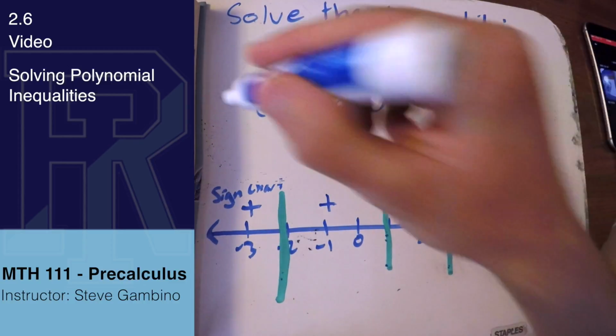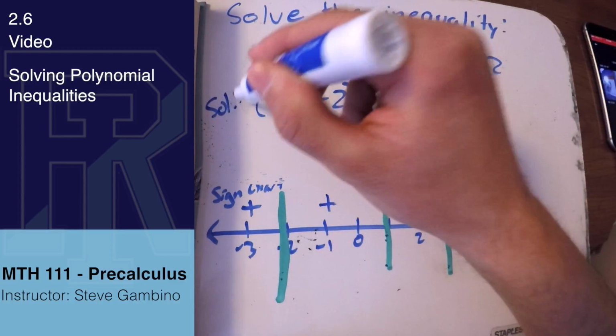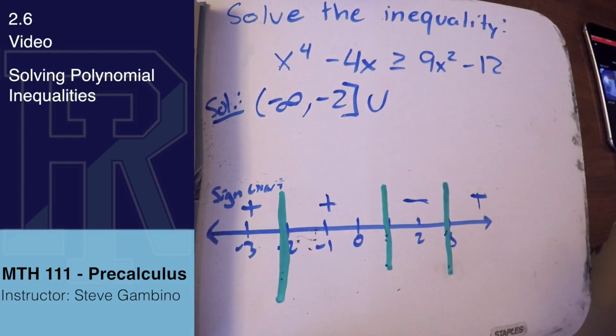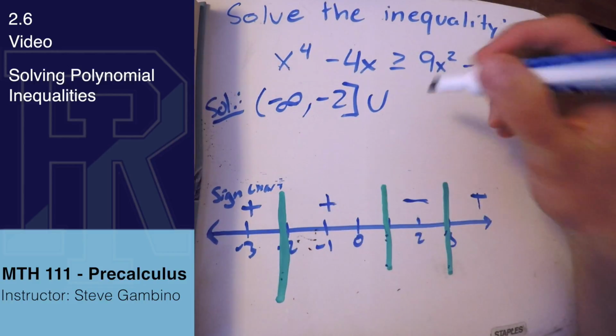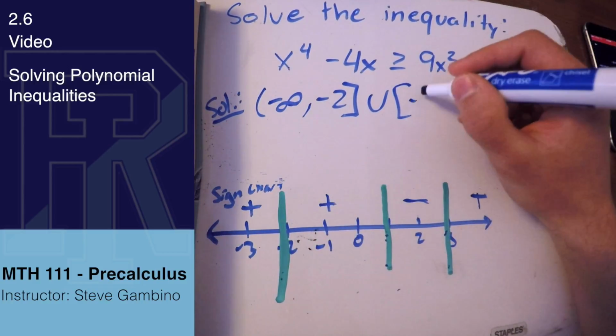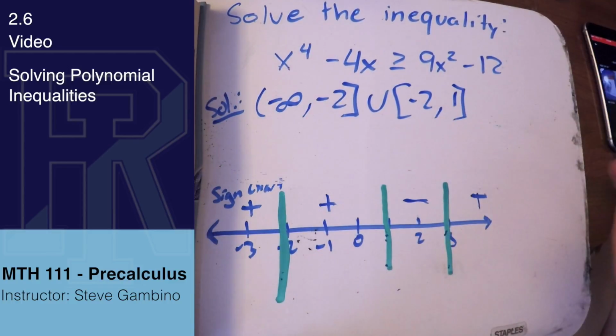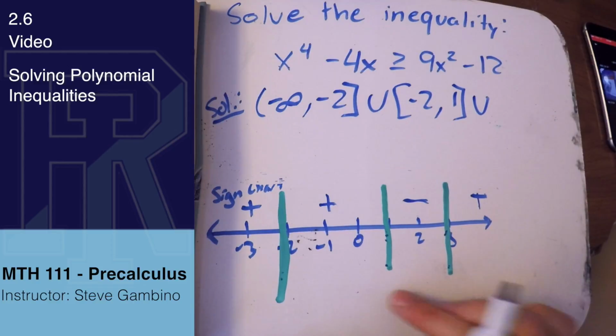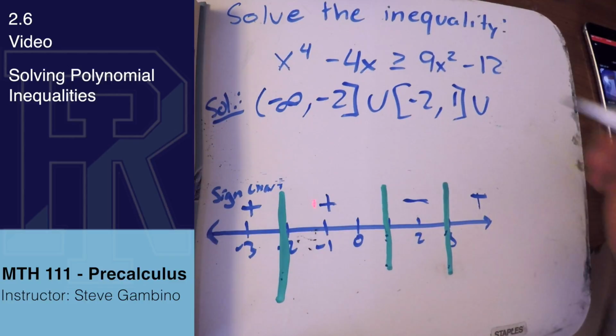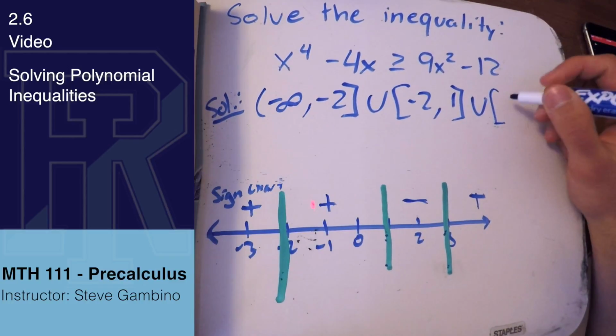Unioned with, so this is our solution here, unioned with our next interval, which would be negative 2 to positive 1, again including, since we have the equal to part. We're not going to include this since this is negative, but we will look at 3 and further.